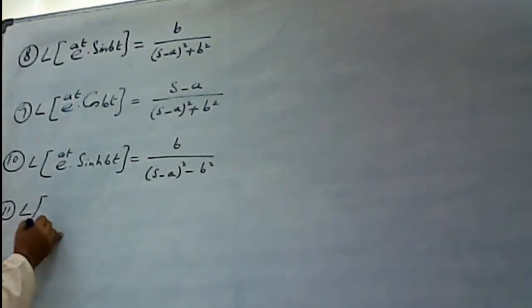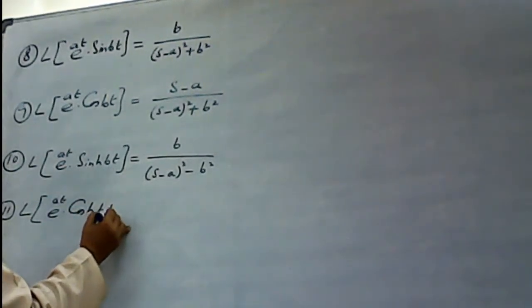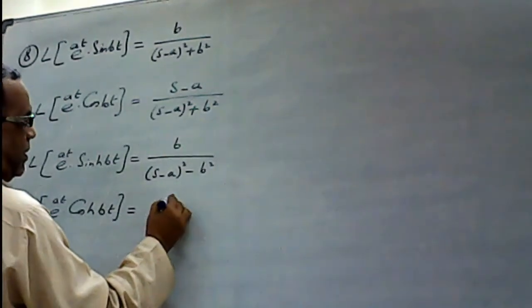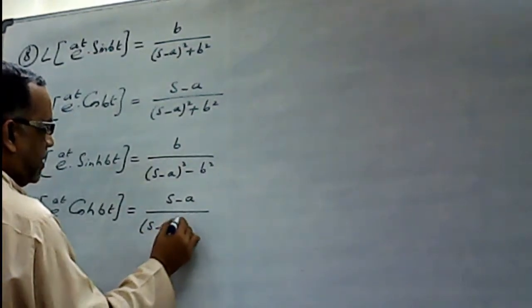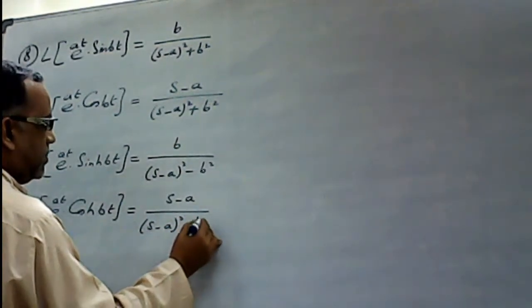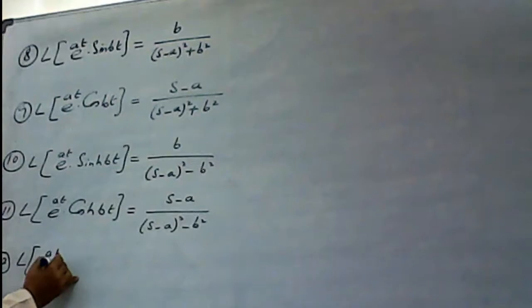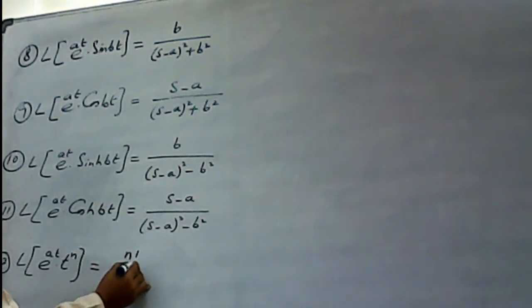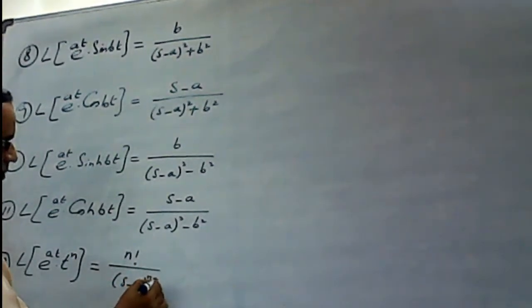Then formula number 11 is e power at into cos hyperbolic bt will be equal to s minus a upon s minus a square minus b square. And finally formula number 12 will be Laplace of e power at into t power n will be equal to n factorial upon s minus a power n plus 1.